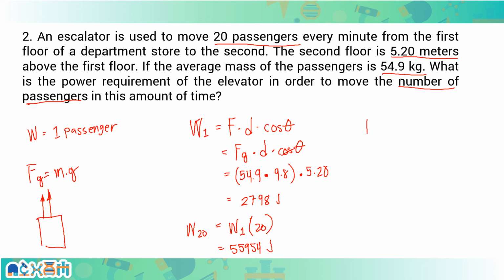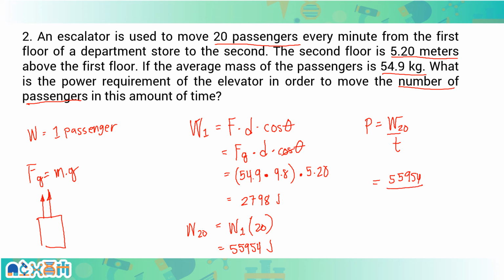We're now going to search for power, and the formula for power is the rate of work over time. So that's W over t. And our W should be the 20 passengers because that's our question. So W20, that will be 55954 joules over the time.